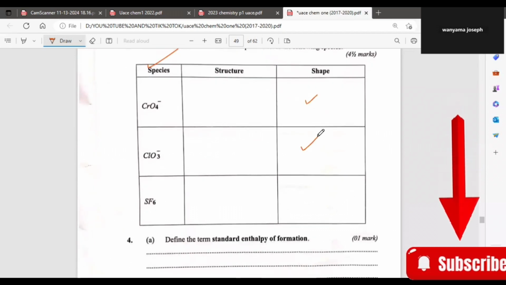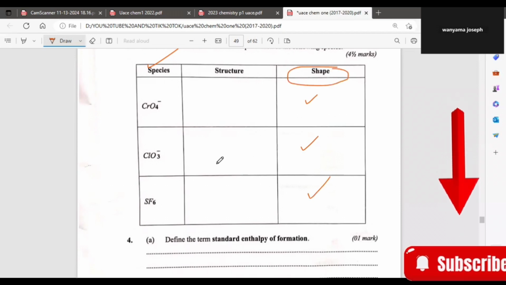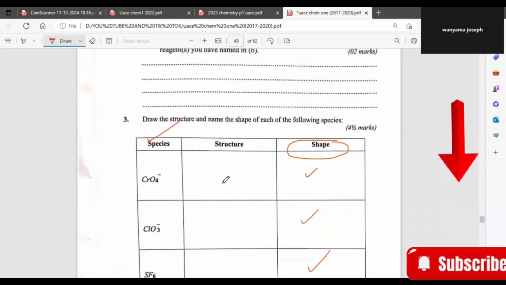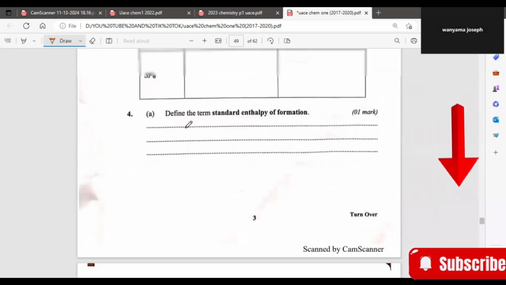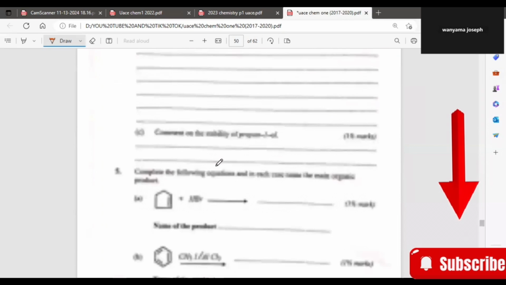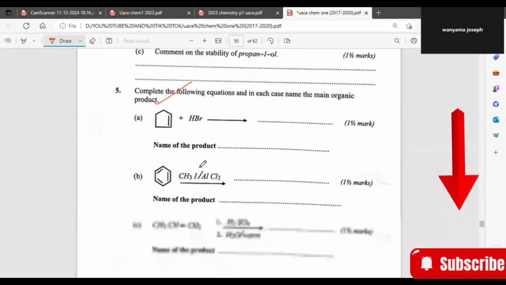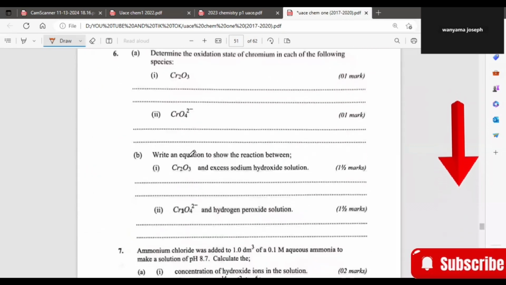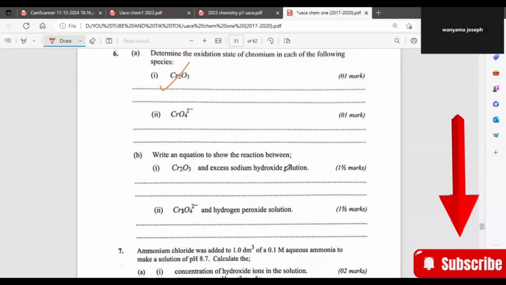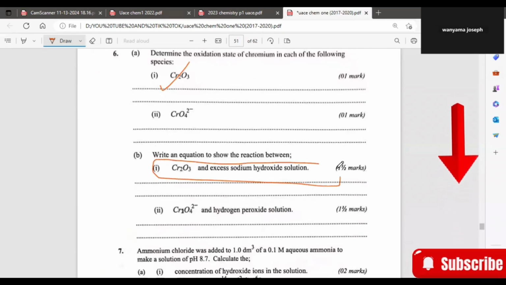These shapes are very common areas because students know the shapes, but they don't draw them well. They put bonds in the wrong place. Looking down, this is physical and this is also organic. Those are obvious areas. This is physical plus some part of inorganic.